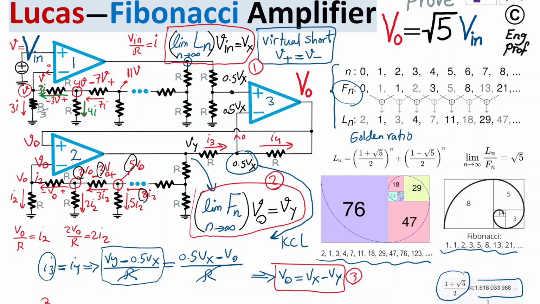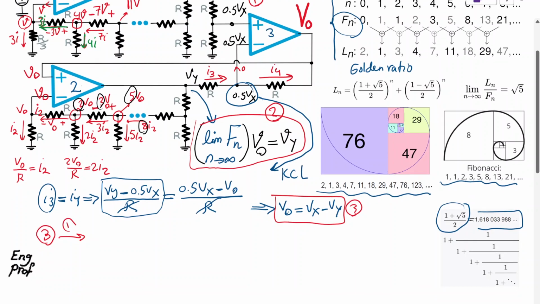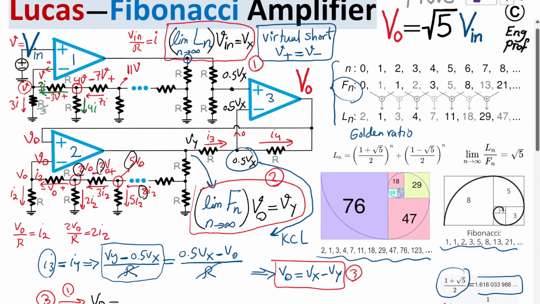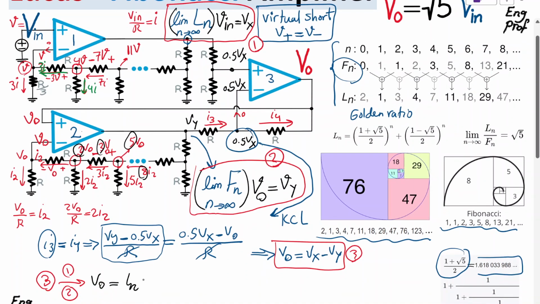So in number 3, by substituting from 1 and 2, I can write Vout is Vout, Vx is just the Lucas number times Vn, and we have for Vy, as you can see in equation 2, just Fibonacci number times Vout.